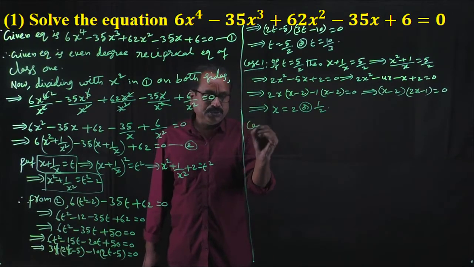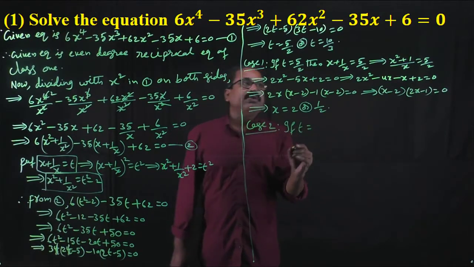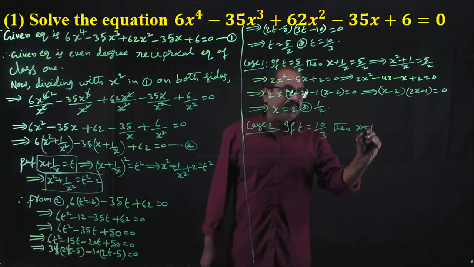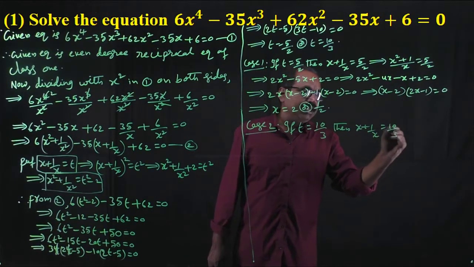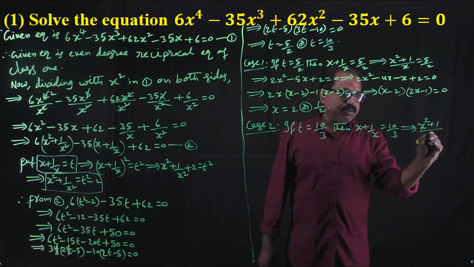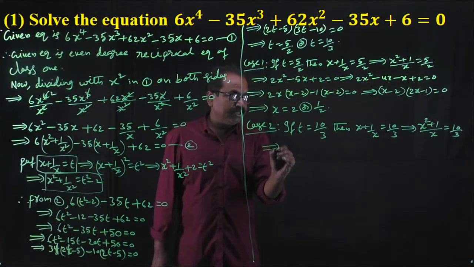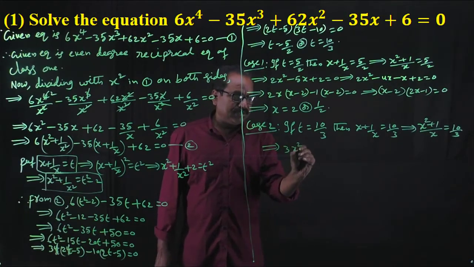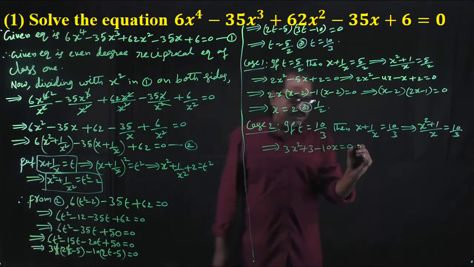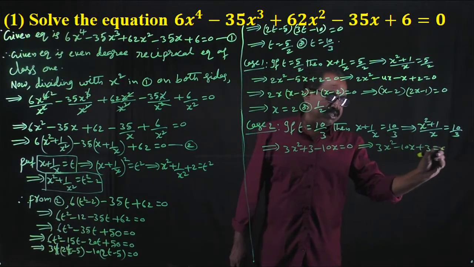Now case 2. If t = 10/3, then x + 1/x = 10/3. Now LCM, (x^2 + 1)/x = 10/3. So this implies cross multiplication, 3x^2 + 3 - 10x = 0. So 3x^2 - 10x + 3 = 0.